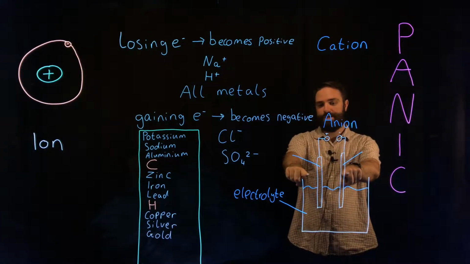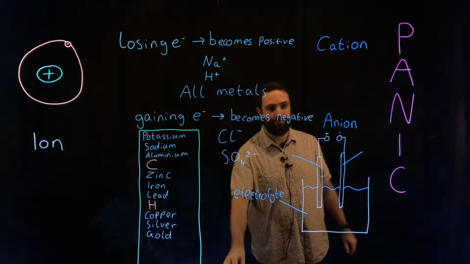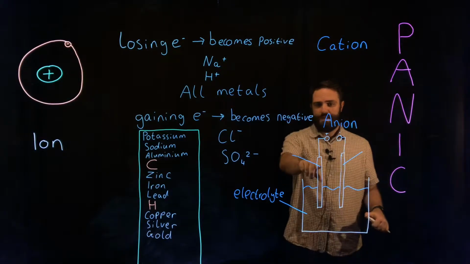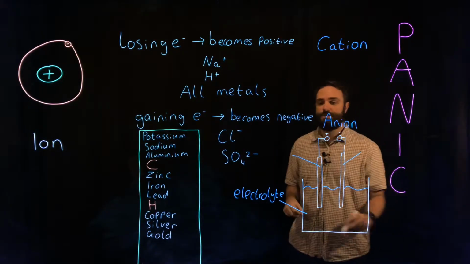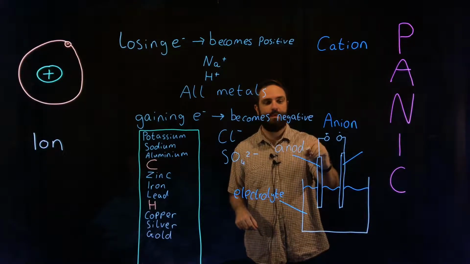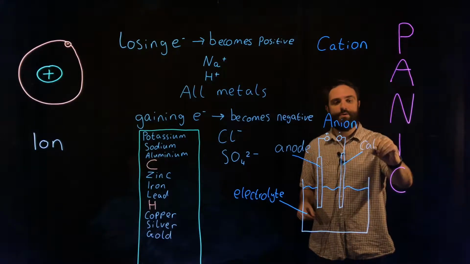Then you have your 2 electrodes through which you pass an electrical current. And the 2 electrodes have different names. The positively charged electrode is called the anode. The negatively charged electrode is called the cathode.